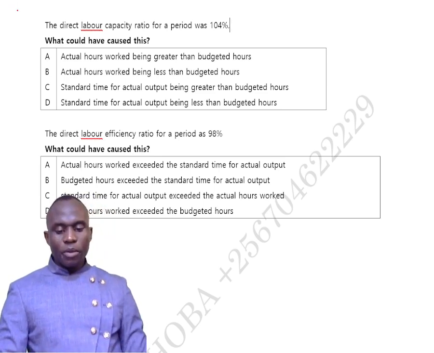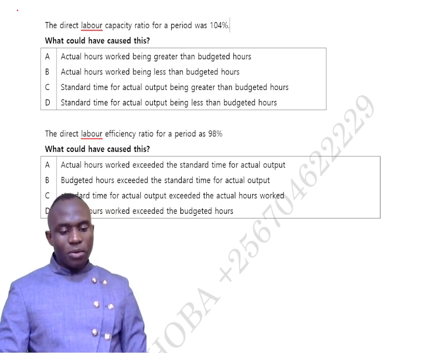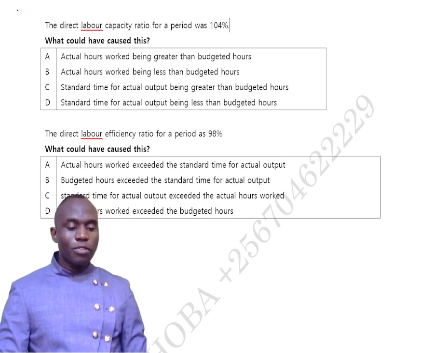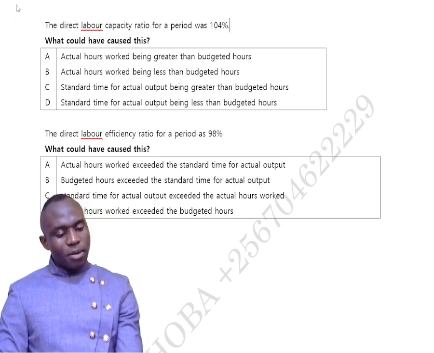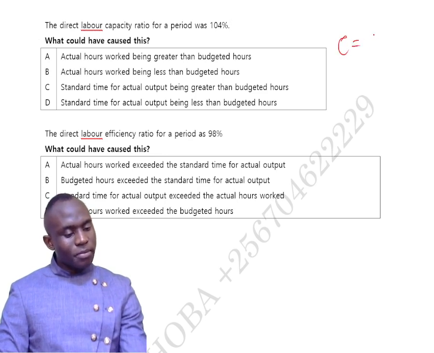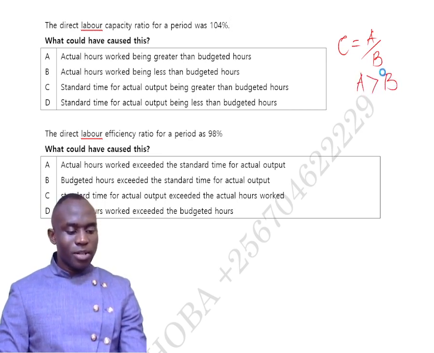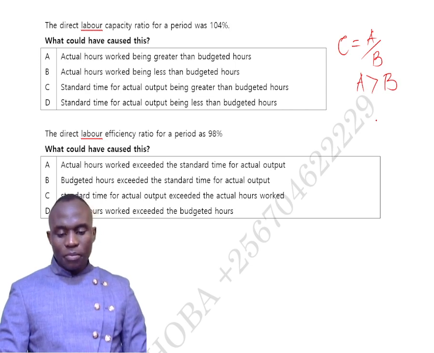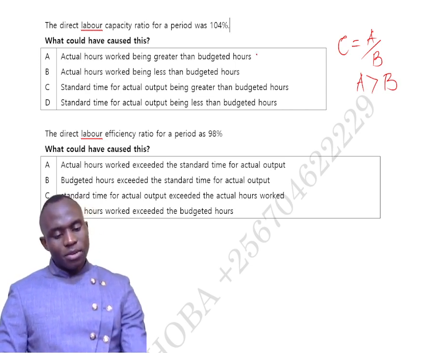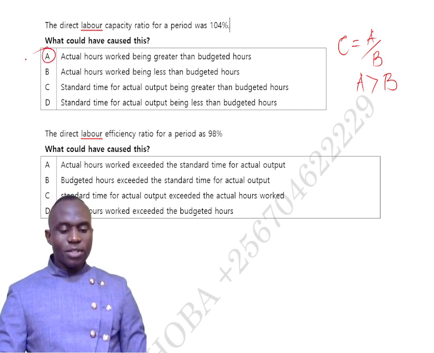Okay, so now this is what I mean. Question 1, what would have caused this? Direct labor capacity was 104%. So what is capacity ratio? Capacity is actual divided by budgeted. So how do we get a ratio greater than 100 when actual hours are more than budgeted? You see the first option is actual hours being greater than budgeted. So this one is clearly the answer.